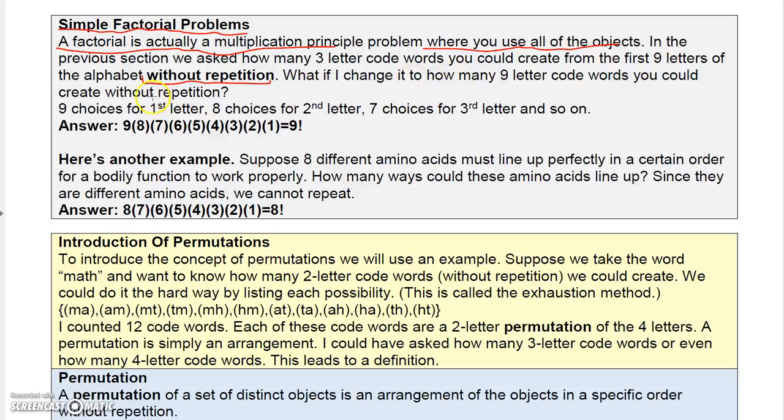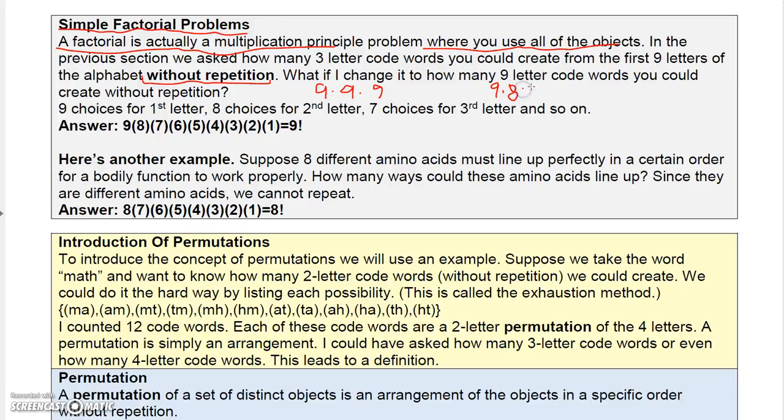Hang on just a second. I think I've got something misstated here. Well, actually, I asked you for with repetition and without repetition. So with repetition, remember, it was 9 times 9 times 9. But without repetition, it was just 9 times 8 times 7.